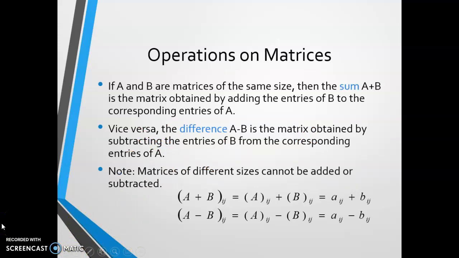Operation on matrices, okay, it can be addition, subtraction, multiplication. Okay, but matrices of different sizes cannot be added or subtracted.